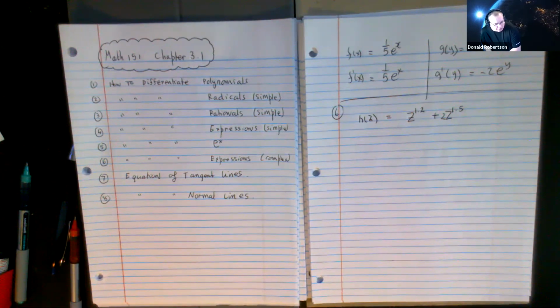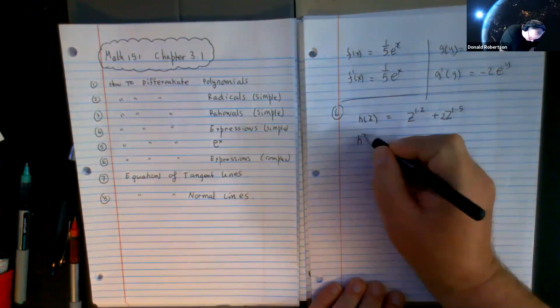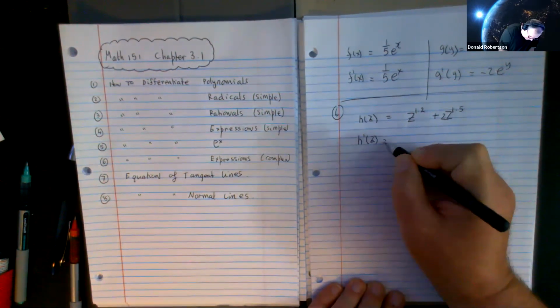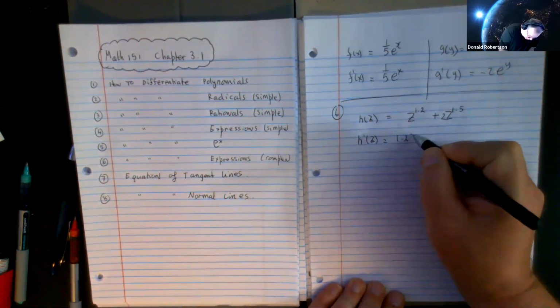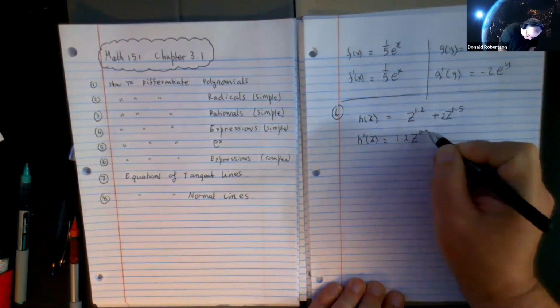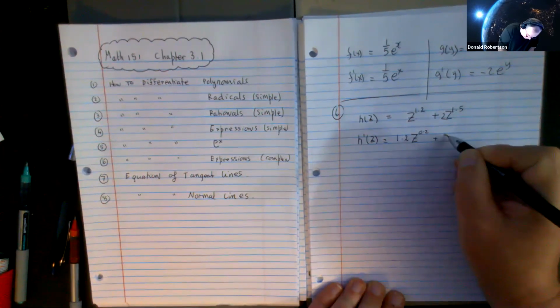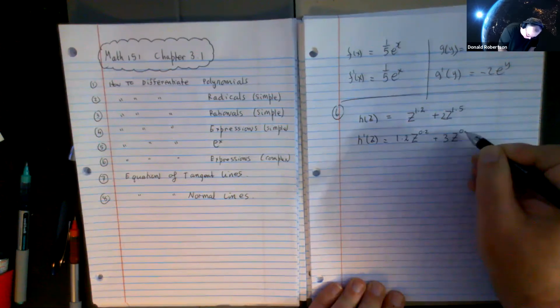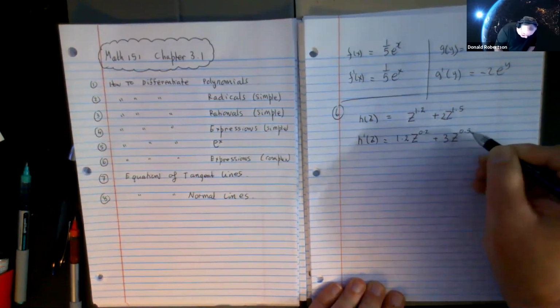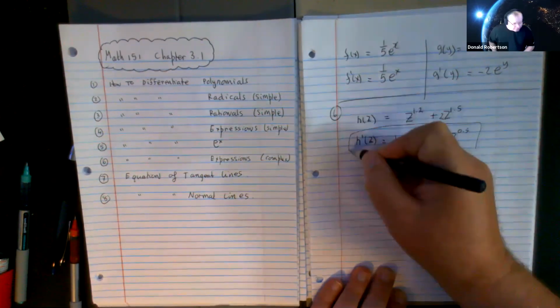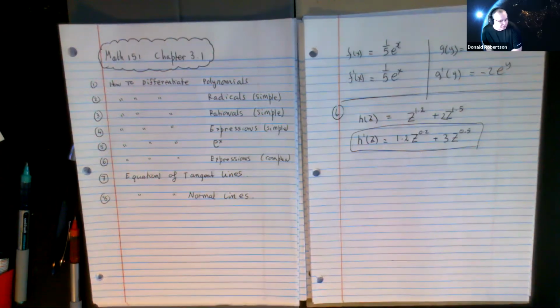But the power rule still works. You multiply by the power, and then you reduce the power by 1. And would you agree that that one is finished because it looks just like the original? It looks equally weird.